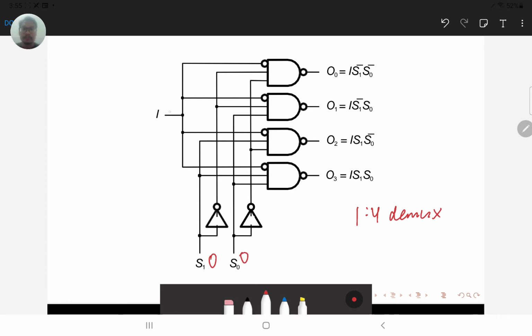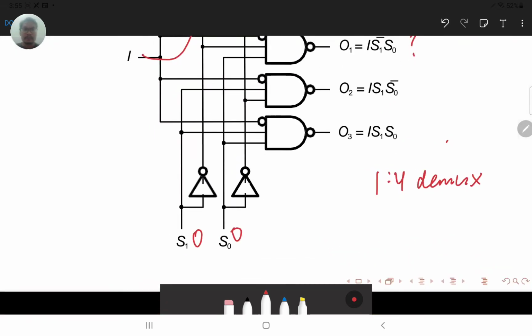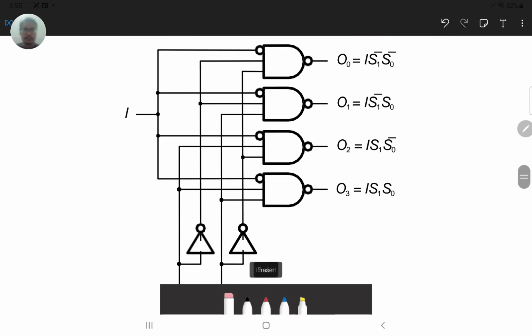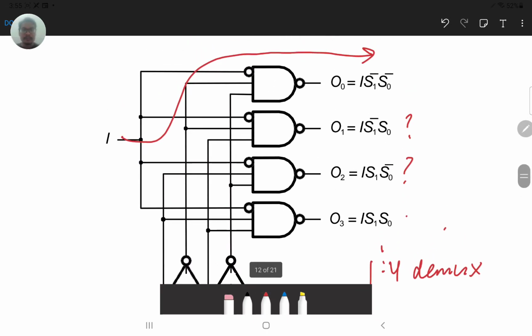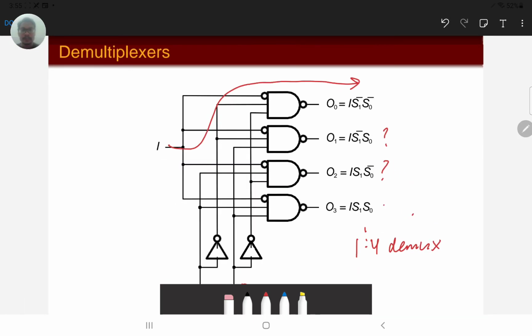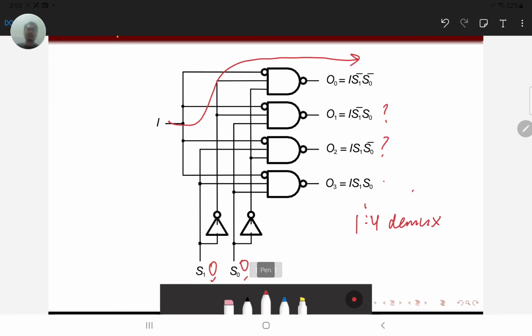We know that if both are 0, we want to transfer the input to the output. Analyzing this, if the condition is 0, 0, here is going to be 1, 1, and then here is going to be I bar, and the output O equals I when S0 and S1 are both 0.